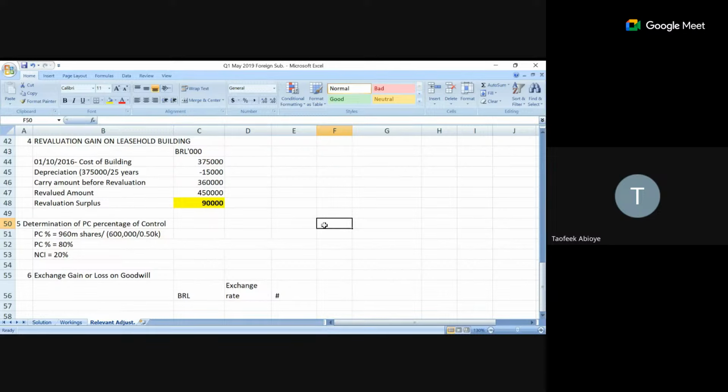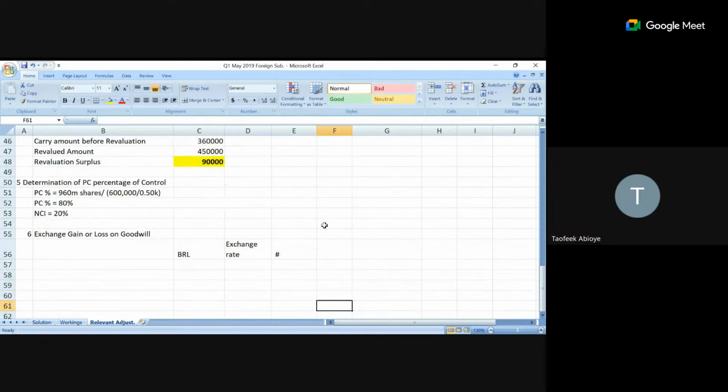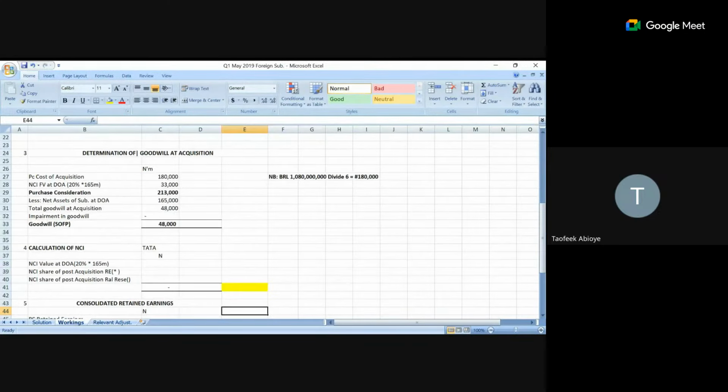So let's continue. Now, what is the goodwill? The goodwill at acquisition date, the one we calculated now at DOA. How much is it in Naira? This translation of goodwill is very simple, but we must be very calm.